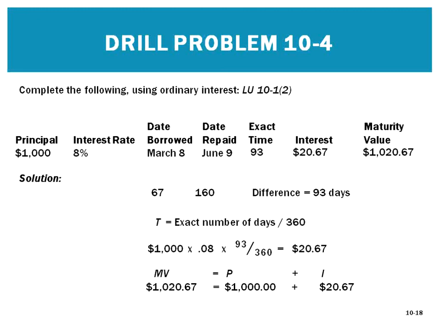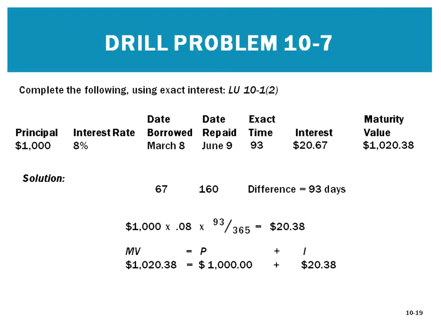Again, your maturity value is equal to your principal plus your interest, so it's $1,020.67. Now if we're using the same thing on exact interest, how would it be different? Our principal stays the same, our interest rate stays the same, our time stays the same.